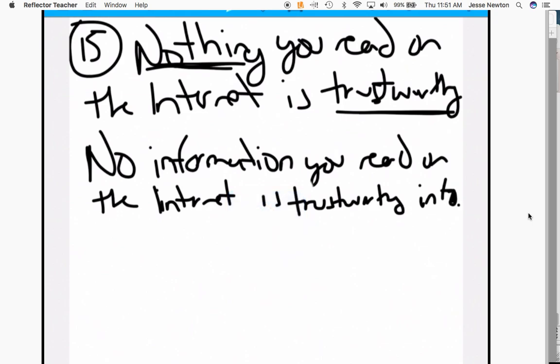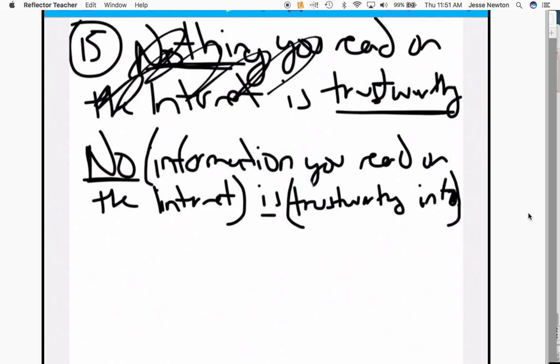All right. So notice here we have our standard quantifier. Information you read on the internet, that is our subject. Is our copula. Trustworthy information is our predicate. Now, we're going to just remove this sentence up here because we couldn't work with that because it wasn't in standard form. So how do we find the converse of this sentence?